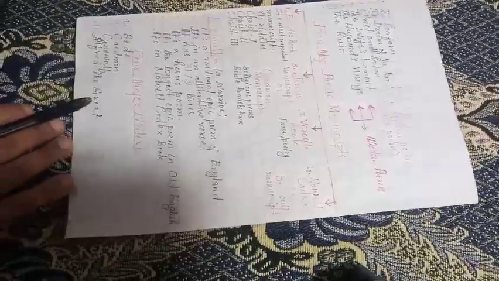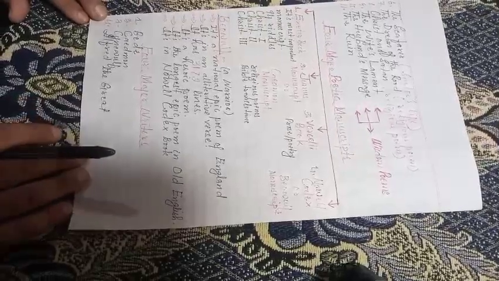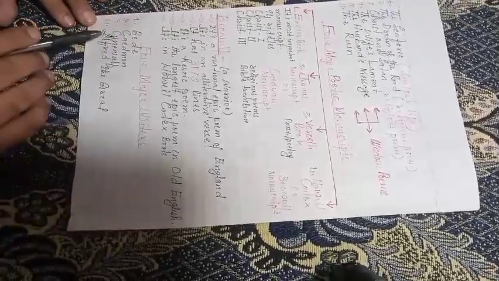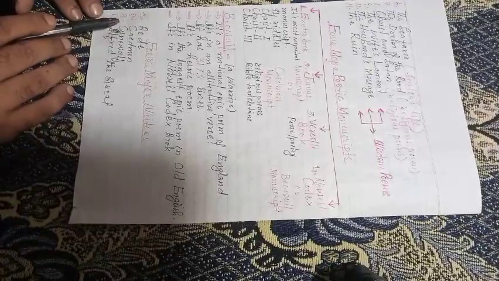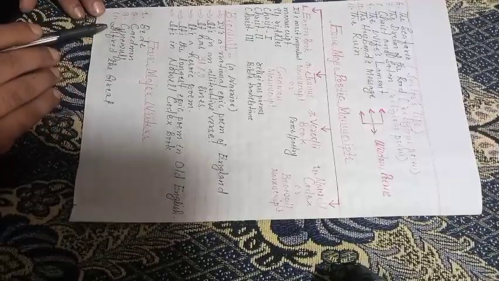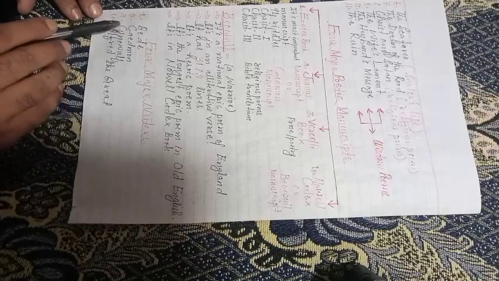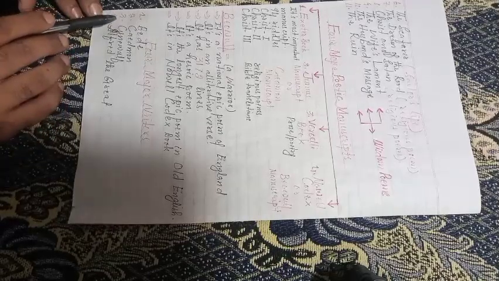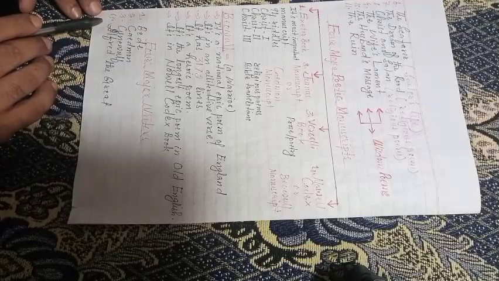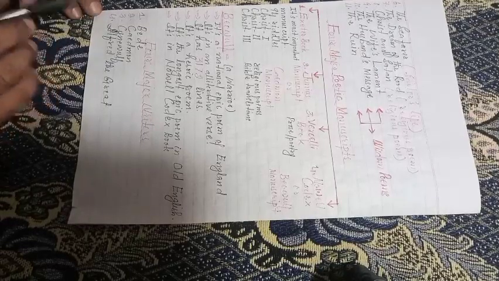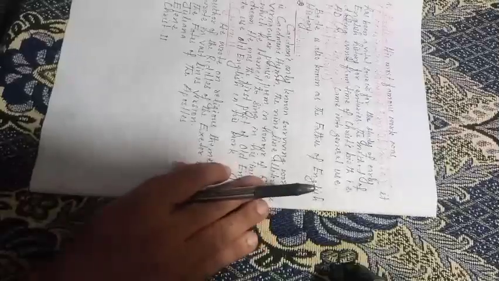Now there are the four major writers of this period that we will now discuss. Number one of them is Bede. Some people say Venerable Bede, but most people say Bede. And second one is Caedmon, third one is Cynewulf, and fourth one is Alfred the Great. Bede is a great historian.